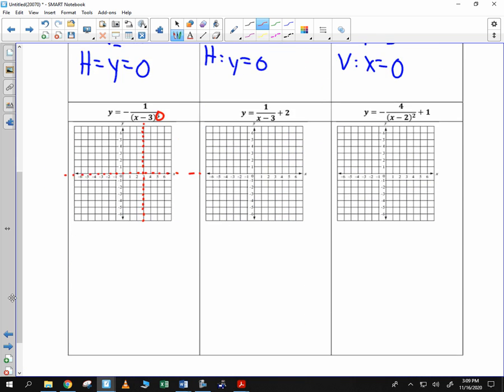If it's an even power, then they'll be right next to each other. The negative is going to flip this. So I've got that, and I've got that. Horizontal asymptote of y is equal to 0. Vertical asymptote of x is equal to 3.